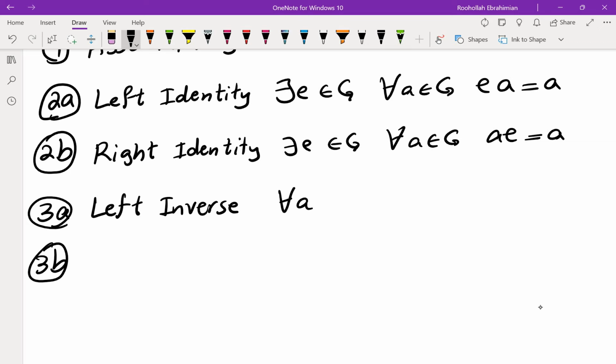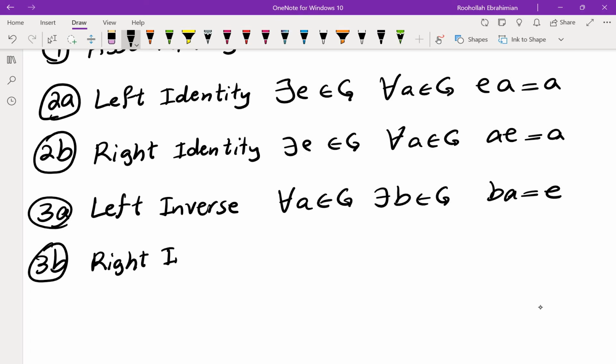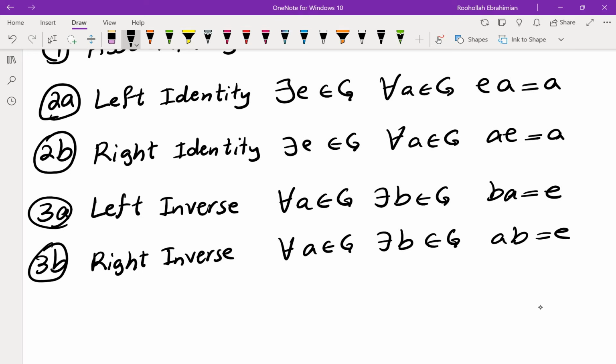For every A in G, there is a B in G such that BA is equal to identity, because this is the left inverse. And the right inverse would be something similar from the other side. For every A in G, there is a B in G such that AB is equal to identity.